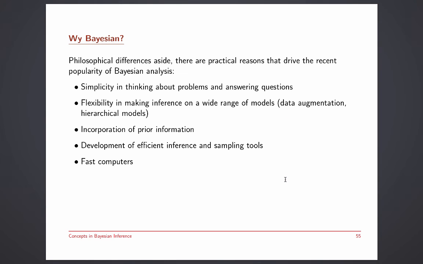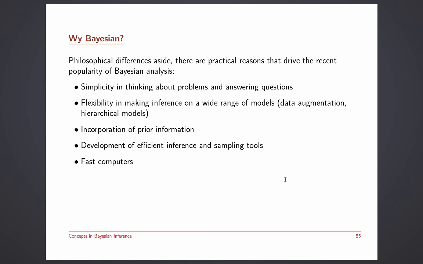So why should we continue with a Bayesian approach? There are several practical reasons that drive the recent popularity of Bayesian analysis, next to the philosophical difference with, for instance, a frequentist analysis. One of them is that it's very simple to think about problems and answer questions. It is like how we think about problems in daily life. It also allows a lot of flexibility in making inference on a wide range of models.